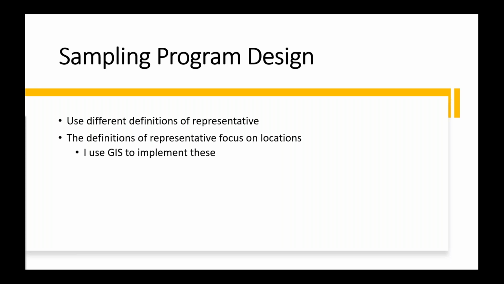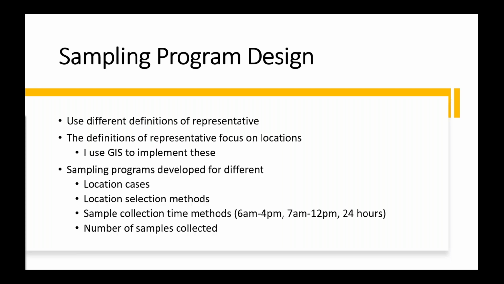Sampling program design: for these different designs, I use different definitions of representative, and these definitions mostly focus on location. I use GIS to implement these location methods. Other aspects of these programs beyond location include the location selection method, the sample collection time, and the number of samples collected.